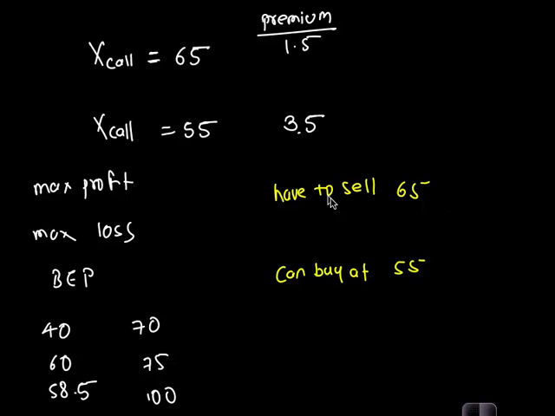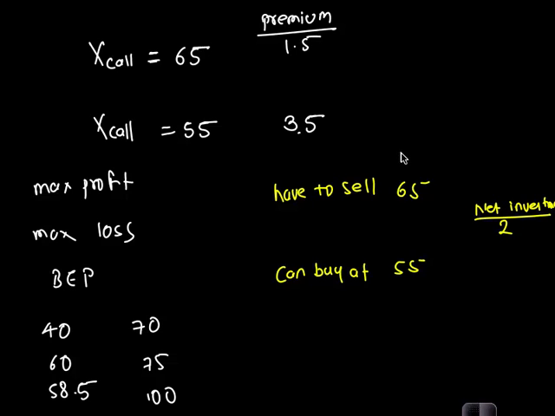Okay. Now, what is the net investment we have done? We bought the expensive call option, we sold the cheaper one, so your net investment is 2.